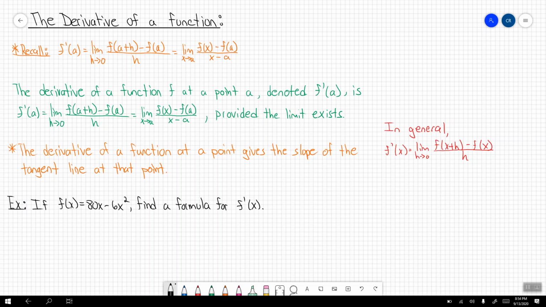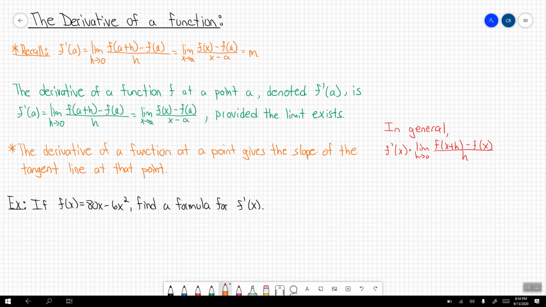We were able to extract the slope of that tangent line to the given function f of x at some point value p. So in that particular case, we extracted that f prime at a was equivalent to the slope of the tangent line of that given function.